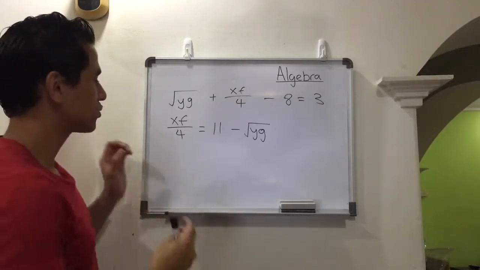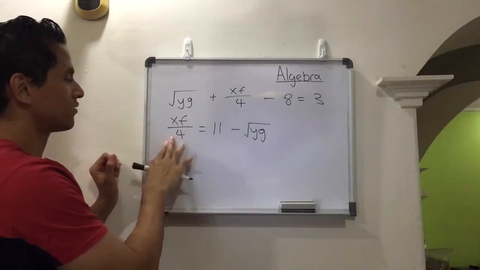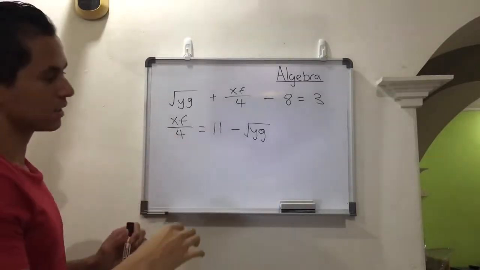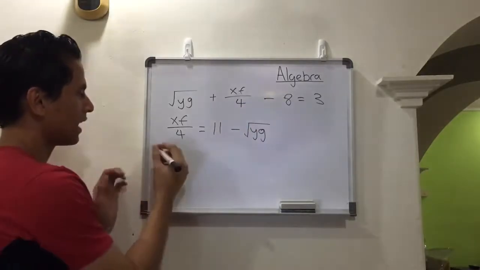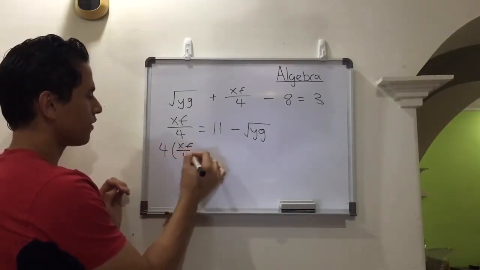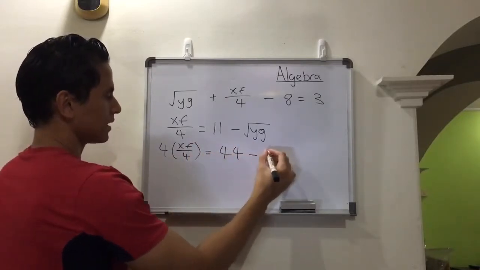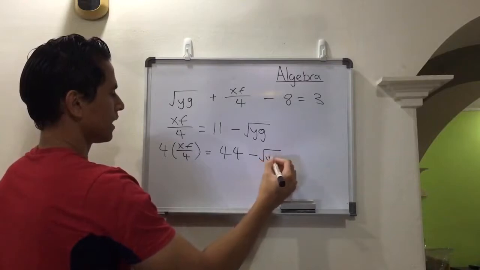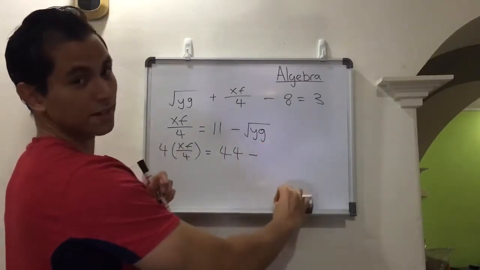Now, we just have to multiply by 4, so that we can get rid of the over 4 here. So I multiply the left hand side by 4, I multiply the right hand side by 4, I get 4xf over 4 equals 44 minus 4 square root yg, correct?